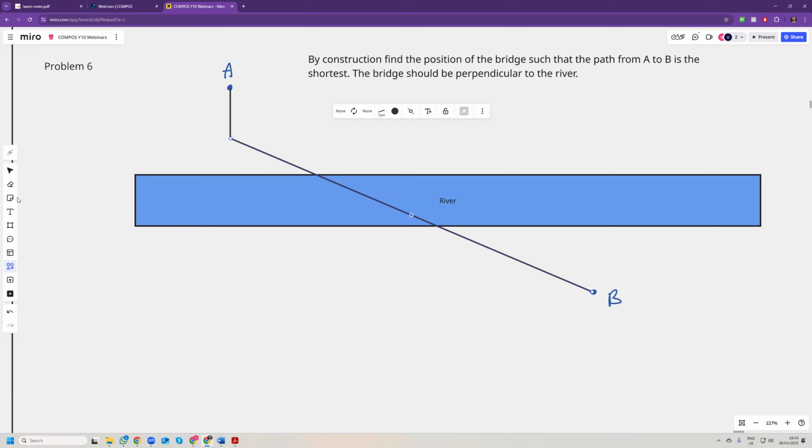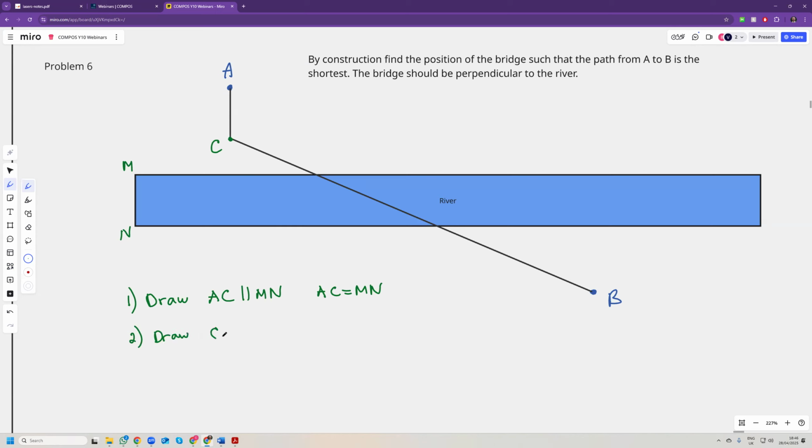Okay, so the method. Draw AC, which is parallel to MN, and AC is equal to MN. Then draw CB.